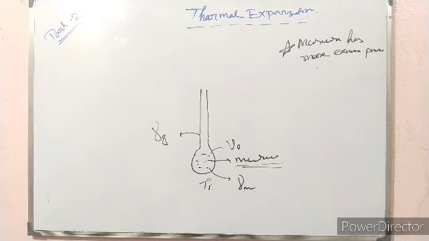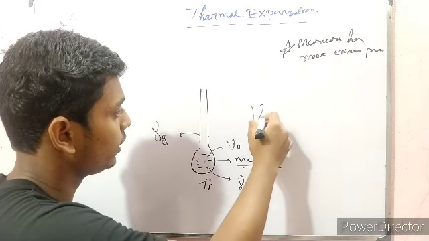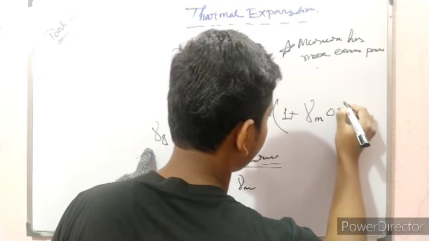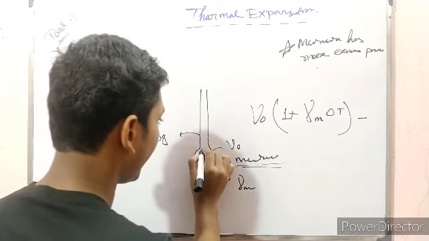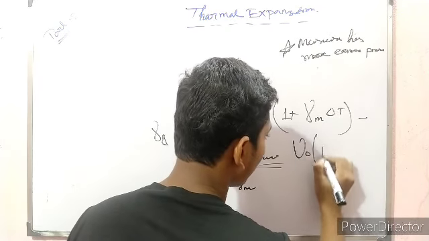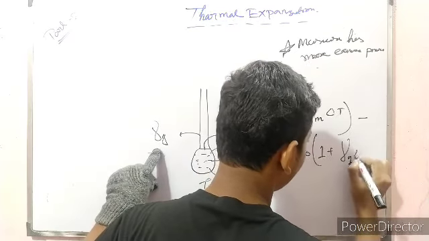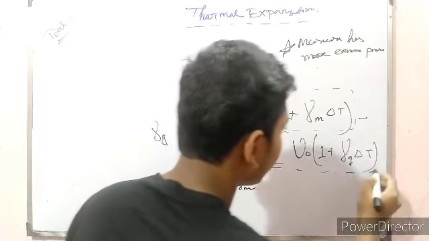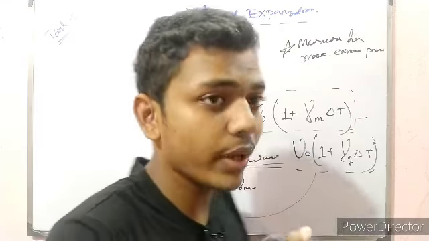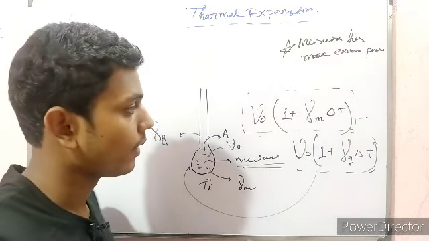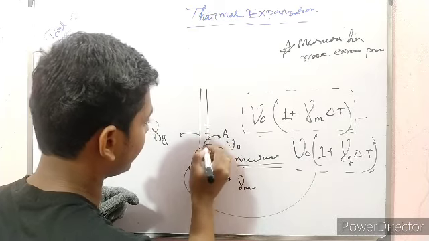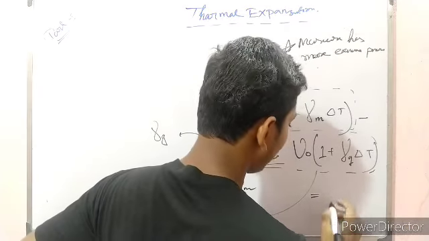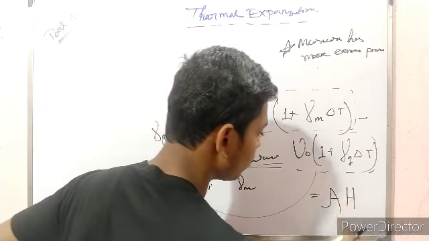So V naught into 1 plus gamma of mercury delta T, minus, the area of this is A, V naught into 1 plus gamma G delta T. This is the volume of mercury inside and the total mercury. If we subtract, it comes to the height. There are markings here, showing that if it goes this high, it is this temperature. So that is equal to A into H.